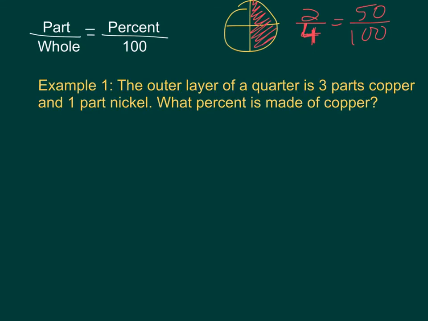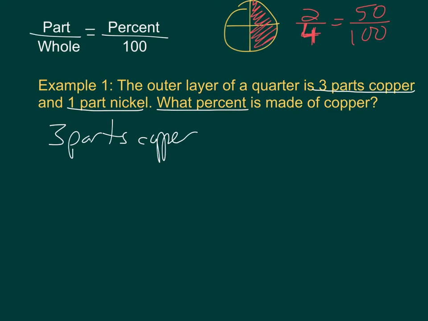So another example is quarters are made up of an outer layer that is 3 parts copper and 1 part nickel. So what percent is made of copper? Well, I know I've got 3 parts copper and 1 part nickel.